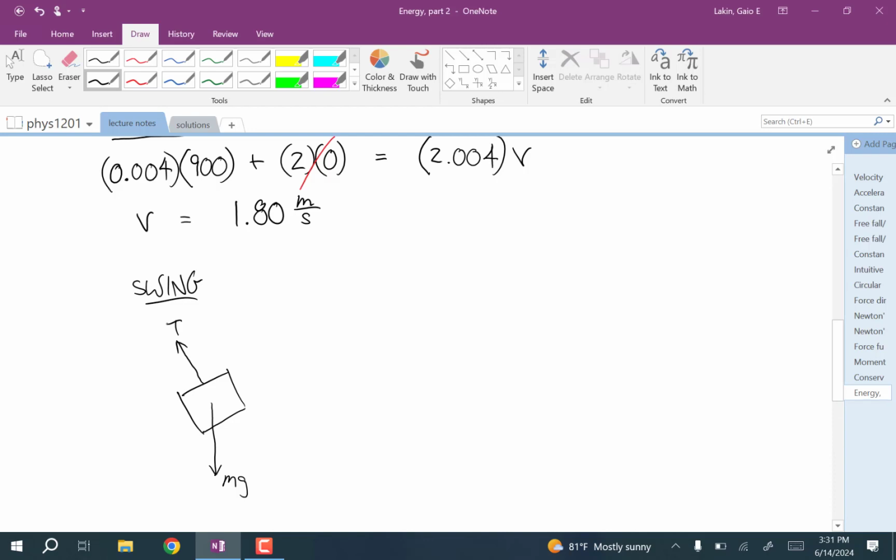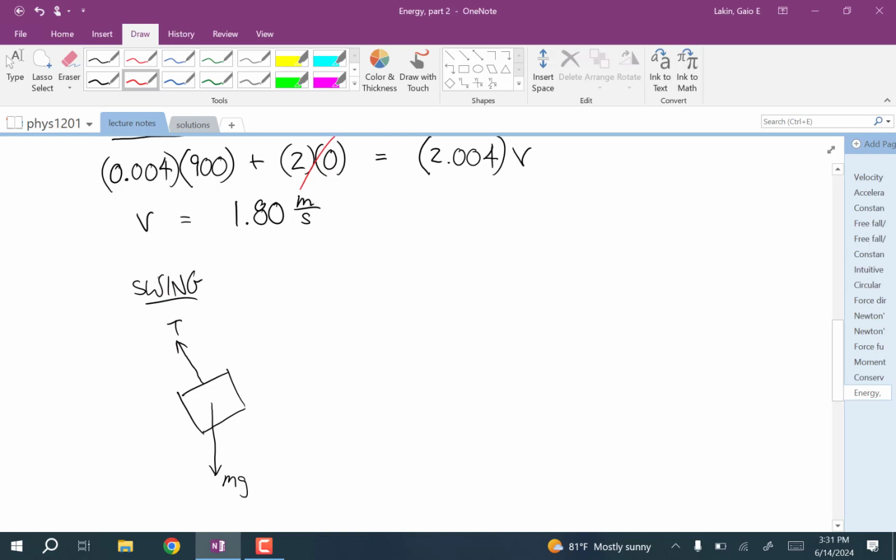In order to use conservation of mechanical energy, any non-conservative forces have to do no work on the system. Okay, well, this one's conservative, the weight, so that's good. We have a potential energy function for the weight. But now what about this cable tension? Well, that's not a conservative force.